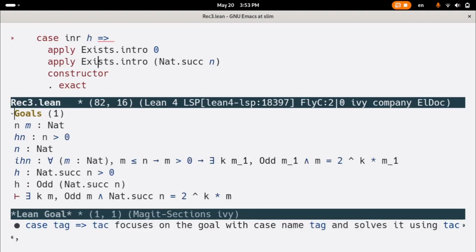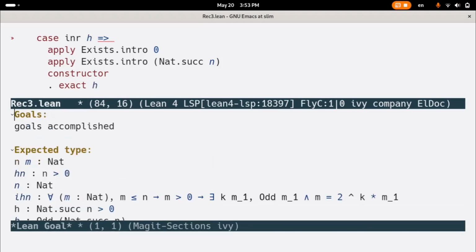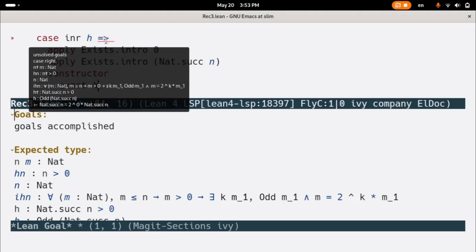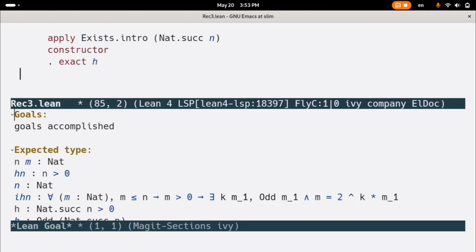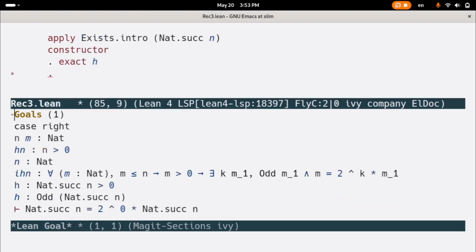We have to introduce the hypothesis of INR using a binding H. Now we have to prove the right hand side of the AND.